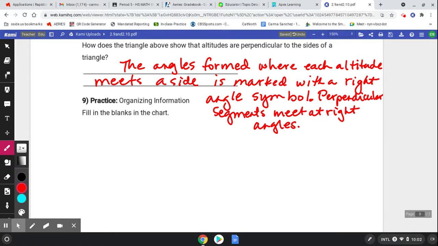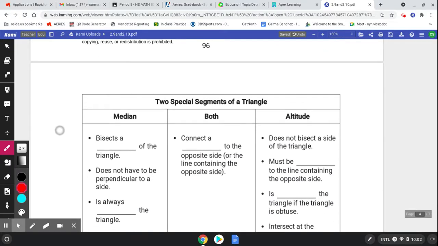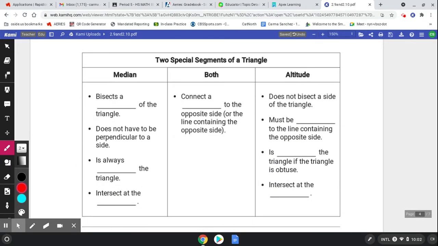Okay, last thing we're going to do is over here on this little table, kind of comparing the two between median and altitude. And so we're going to look at what is the same, and what is the difference between each one. So what is the same right here in the center between a median and altitude is that they both are lines that connect a vertex to an opposite side. But something that's very different is that the median bisects a side.